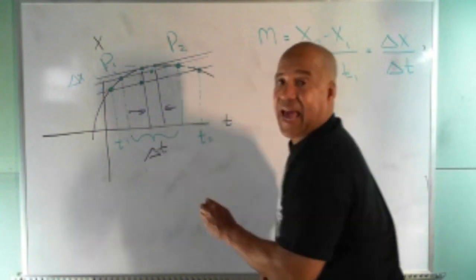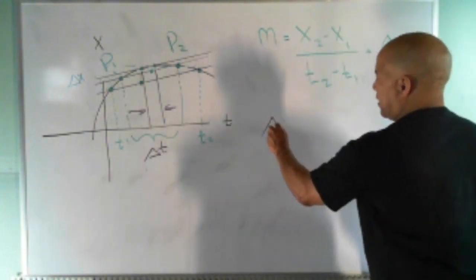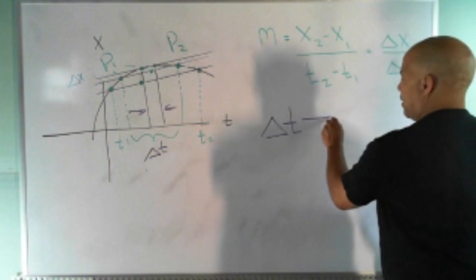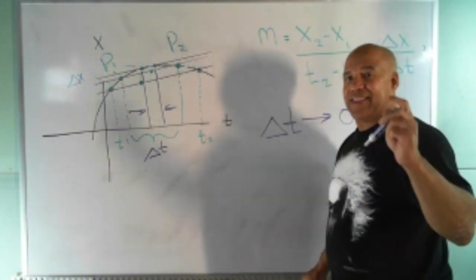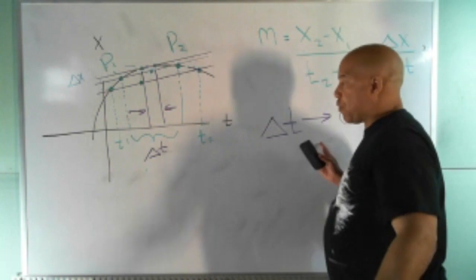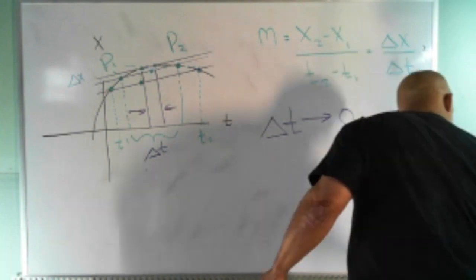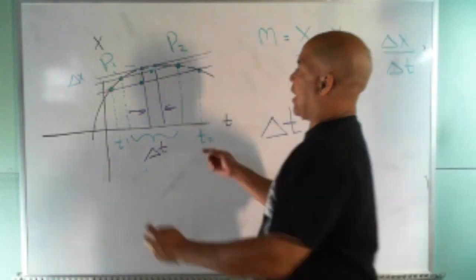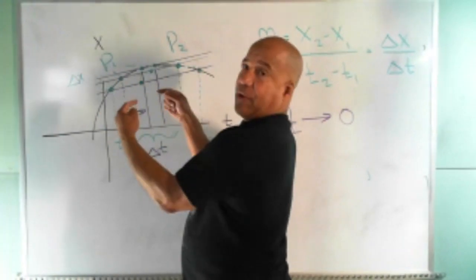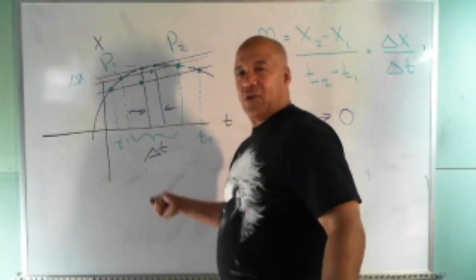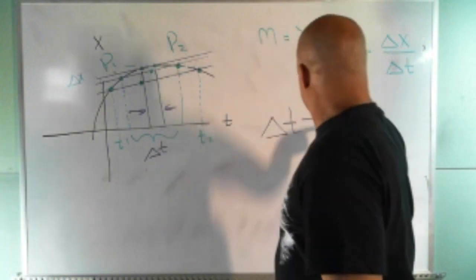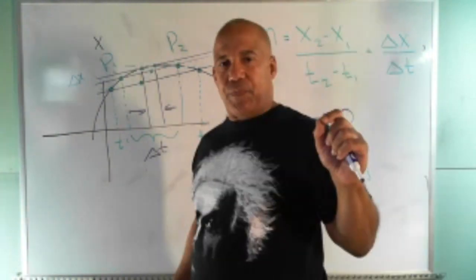What happens if I let delta t approach 0? Not get to 0, but approach 0. In other words, what happens if I keep pushing these points together and they get closer and closer together till the distance between them is almost 0?